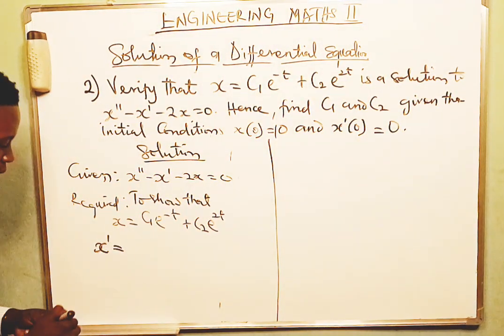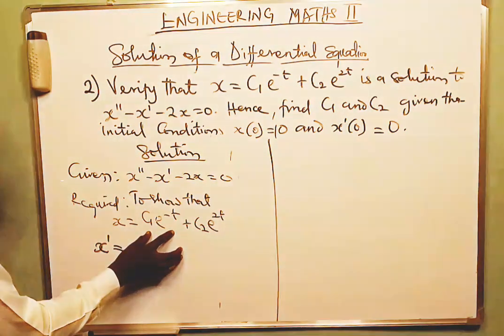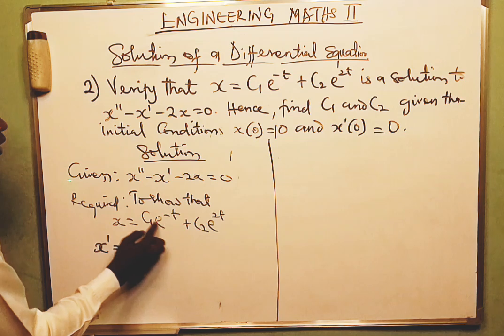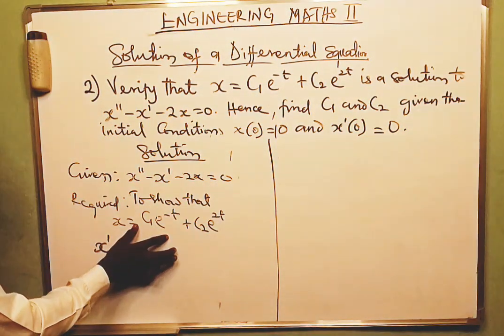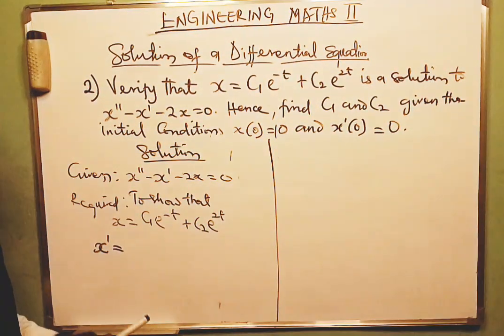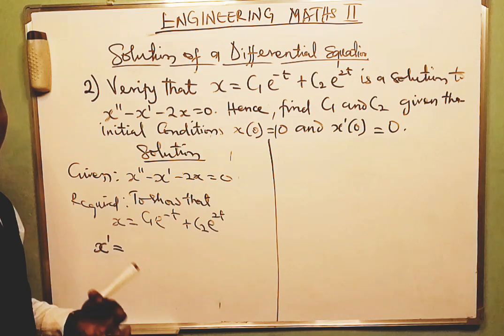Now, when you have your x prime, when you differentiate c1 exponential minus t, what we are differentiating here is exponential minus t. The c1 here is a constant, what I call the arbitrary constant. It does not change. Now, how do you differentiate exponential? If you don't know how, it is very simple.